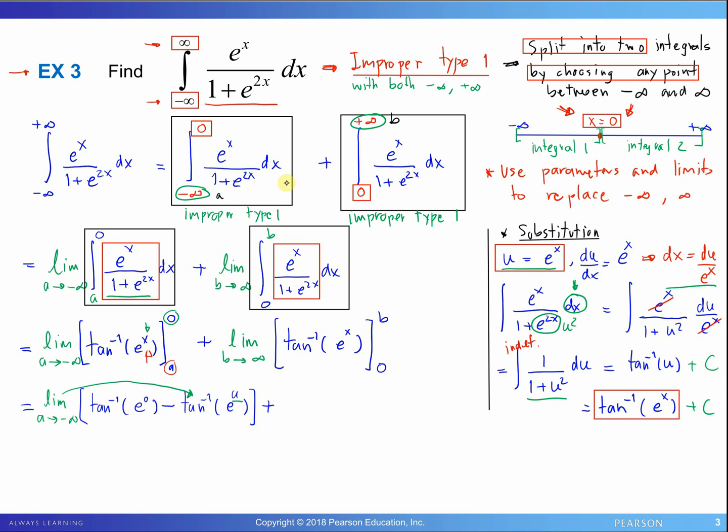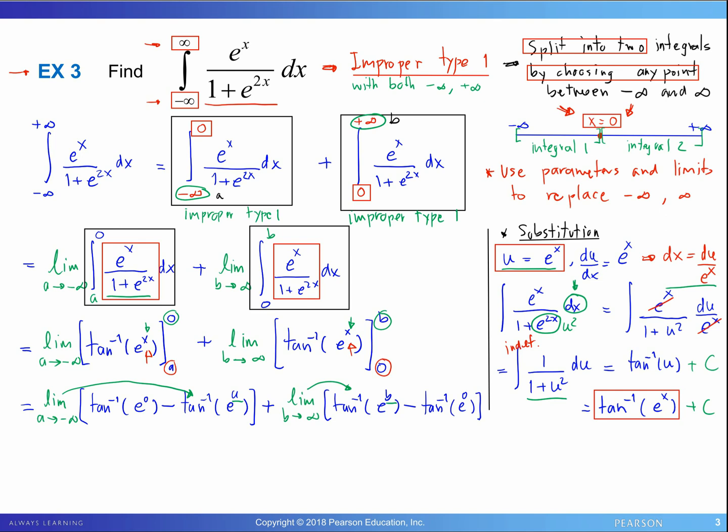Now the endpoint b goes in right here, and we have arctan e to the power of b minus the starting point goes in right here, and we have arctan e to the power of 0. The limit at the front, b goes to infinity, only applies to the front term, this one with b right here.